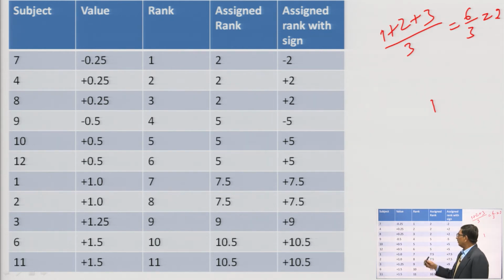After that we rank the next value 0.5 as 4, the next 0.5 as 5 and the next 0.5 as 6, and here again the ranks are tied.